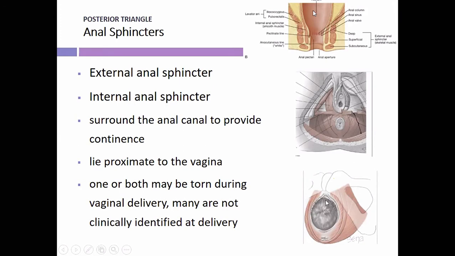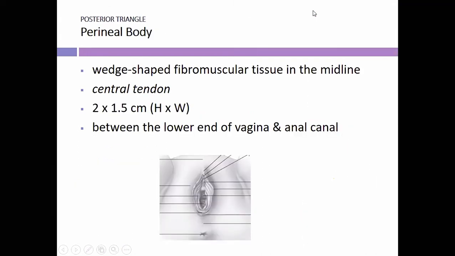So during vaginal delivery, one or both of the sphincters may be torn. And especially if it is the internal anal sphincter which is severed, it may not be seen externally and may not be detected at once.